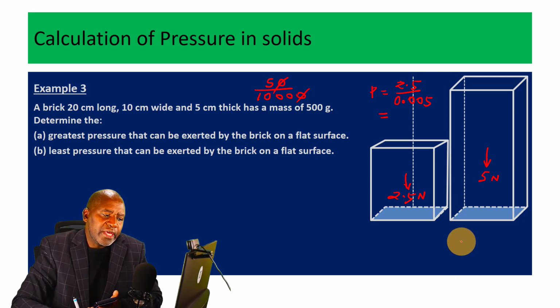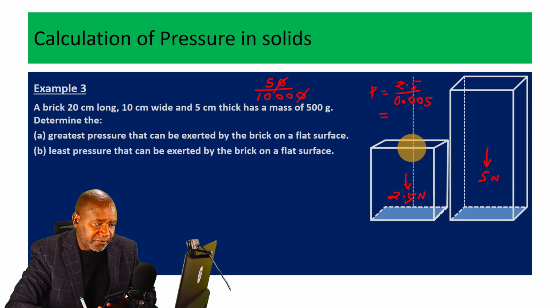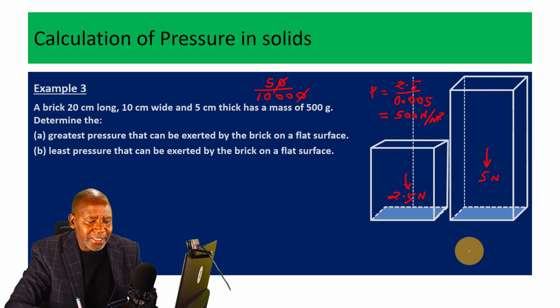The pressure exerted by this block, in this case, will be 2.5 divided by 0.005. And we find that it is 500 newtons per meters squared.